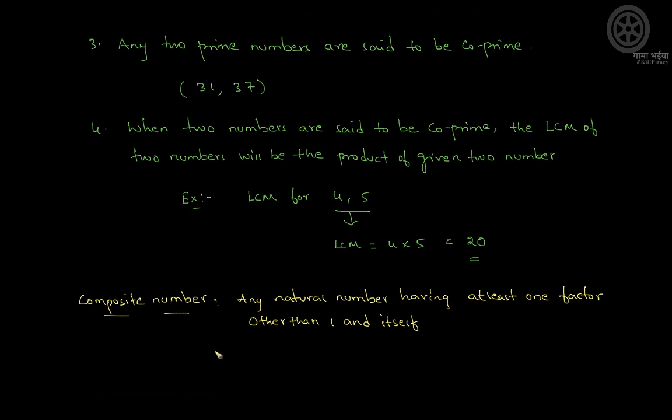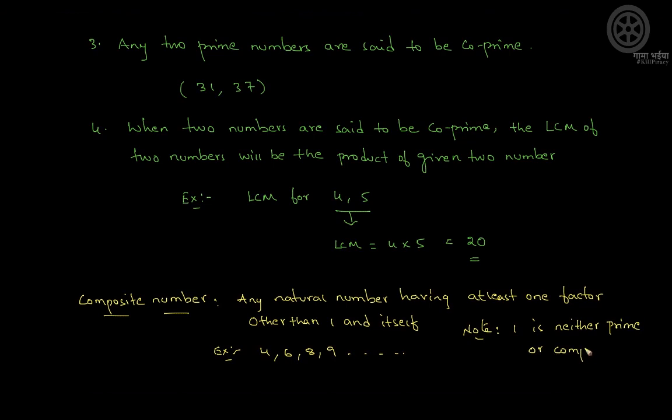The lowest composite number is 4, not 1, right? And you need to note that 1 is neither prime nor composite. Why? Because 1 is a factor of each number.